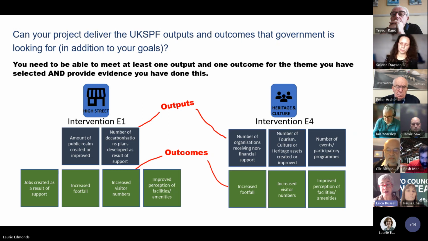Now, if you select 2 interventions, you will need to do that for each of the interventions. That's a minimum. Some people feel that their projects can meet more than that, and some have actually looked at nearly all of them. So a minimum of one output and one outcome.